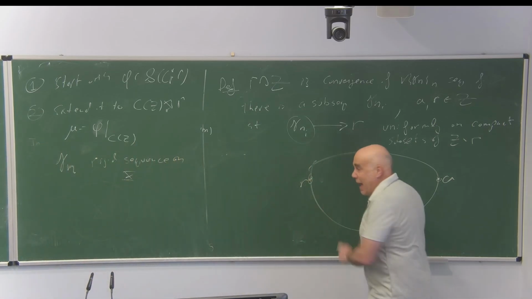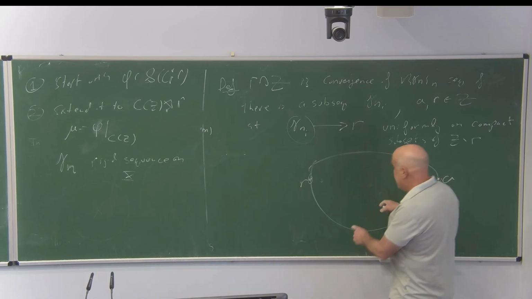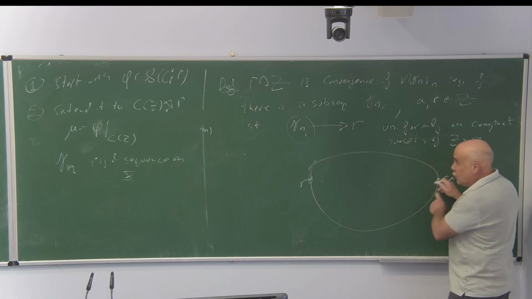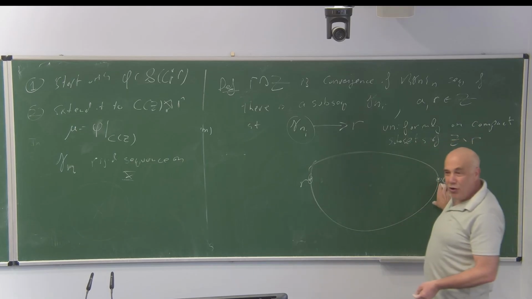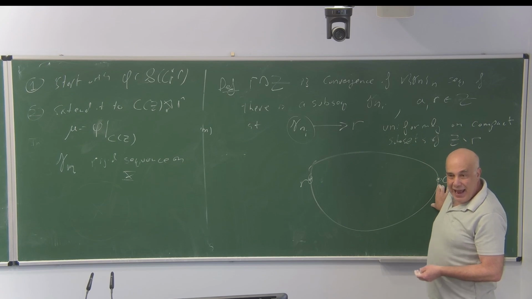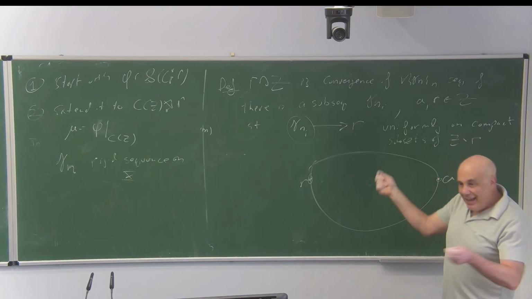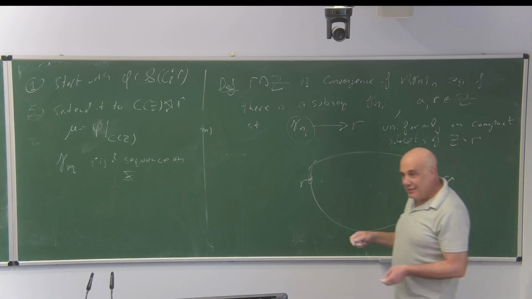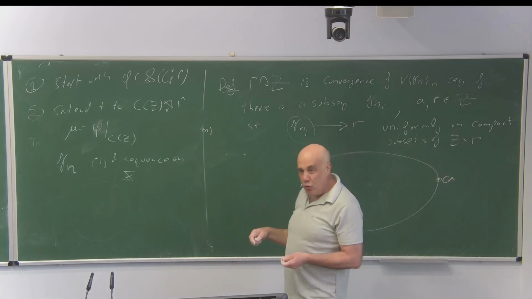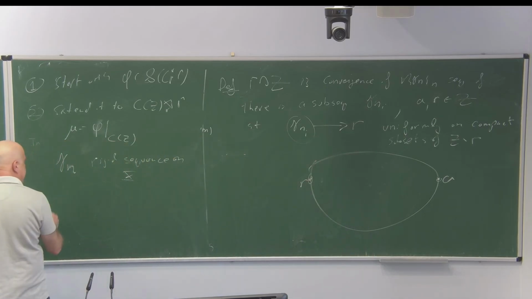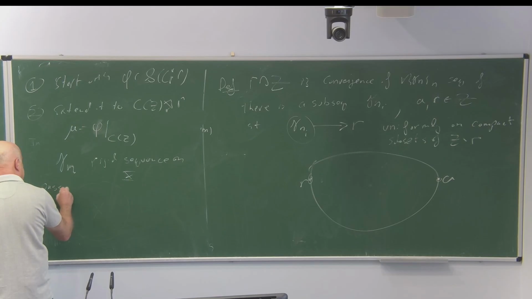And after passing to a subsequence, we can make sure that it converges the whole space into 2 points in this case. After some acrobatics, you can also contract it to 1 point.